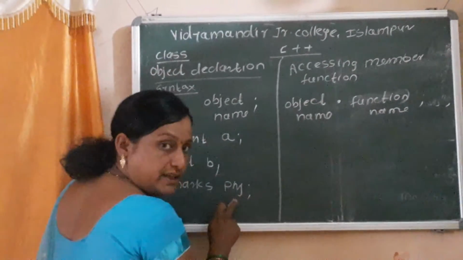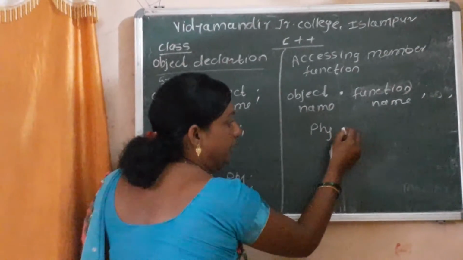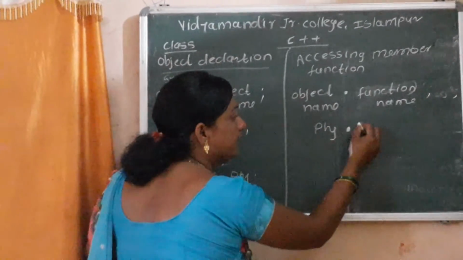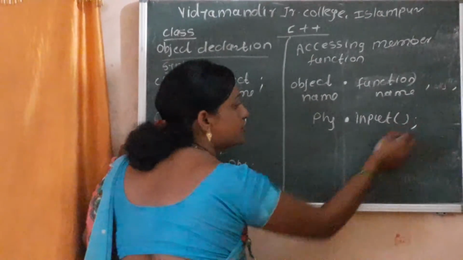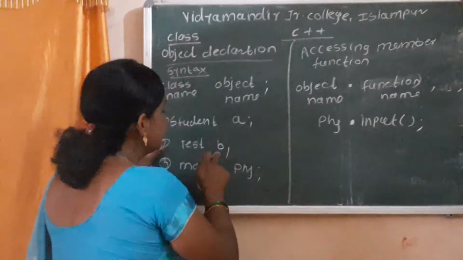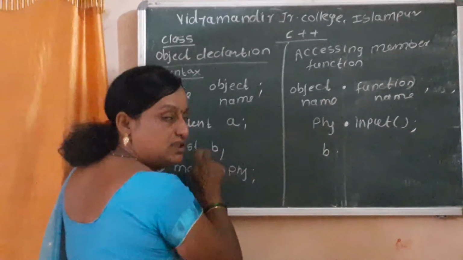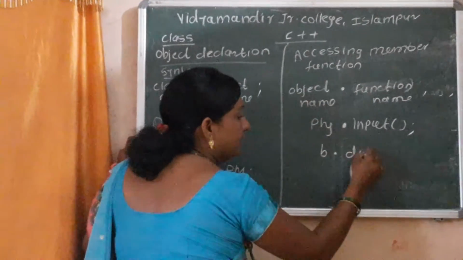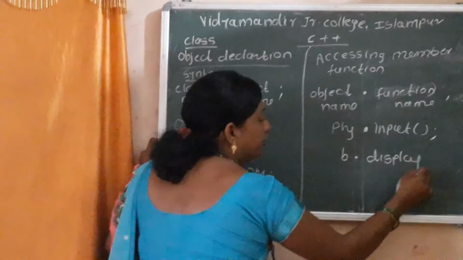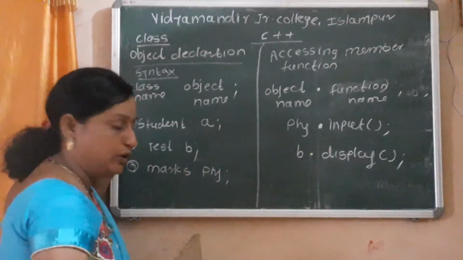Suppose our object is physics, then we give the period operator or the dot operator, and if here is a function, then we write the input function. Okay. Next, our object is b. If in this program I write the function display, then you give the function name and after that we give a semicolon.